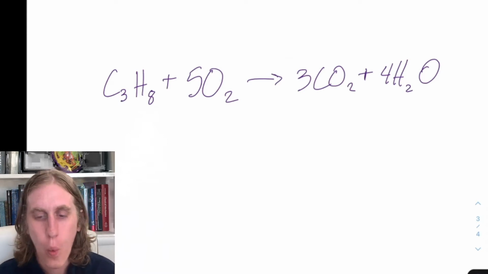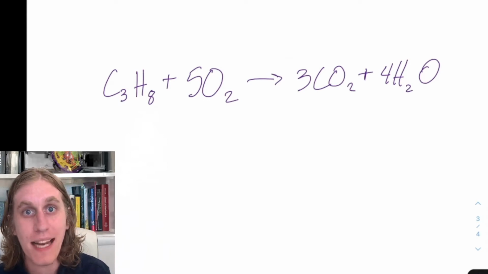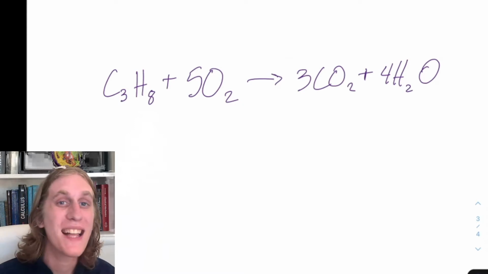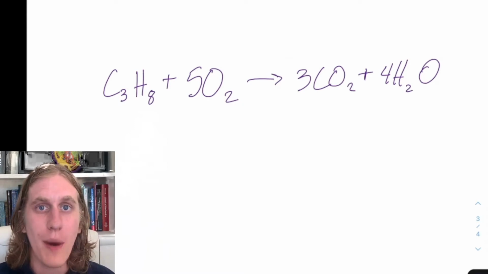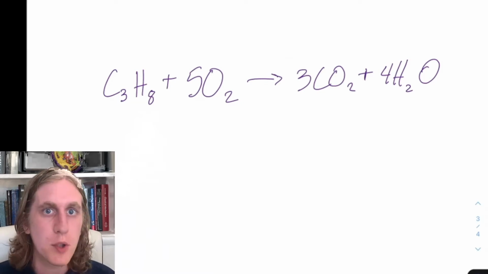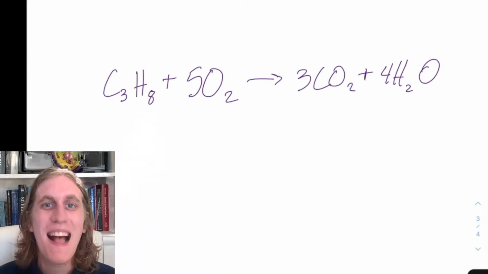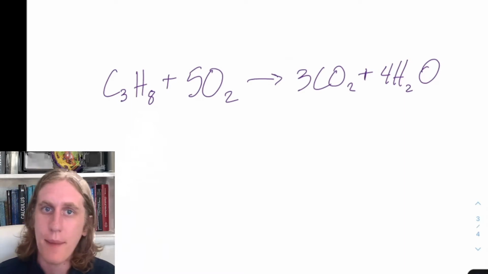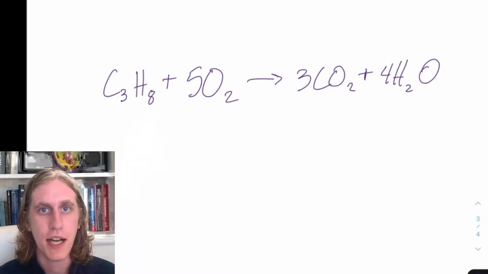In other words, once the chemical reaction takes place, the system should have less energy than it started with because that energy is leaving the system to perhaps warm your house.